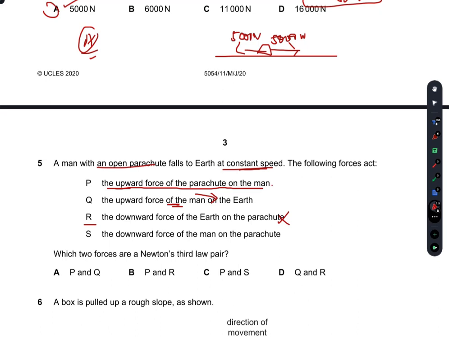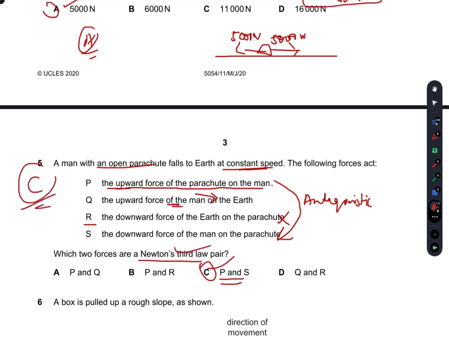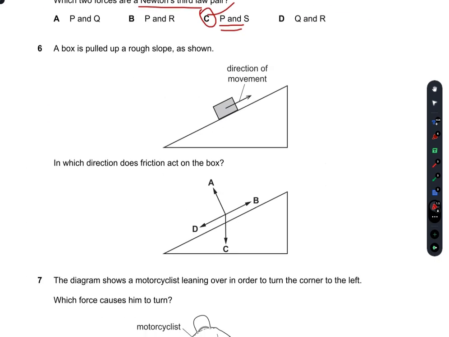The downward force of the man on the parachute and the upward force of the parachute on the man are antagonistic, working in a pair, meaning P and S are the forces which exhibit Newton's third law of motion, so C is the right answer.